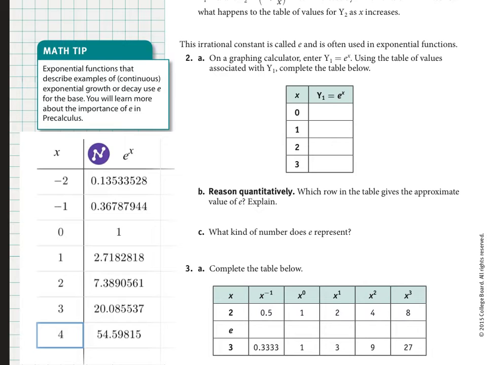We're going to fill out this table. I've already got the graphing calculator pulled up, our output values. Two is 7.39.